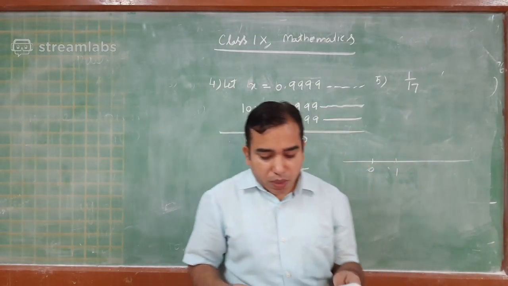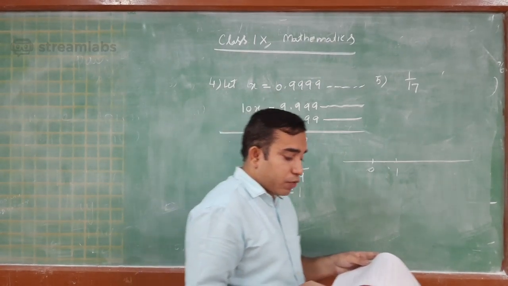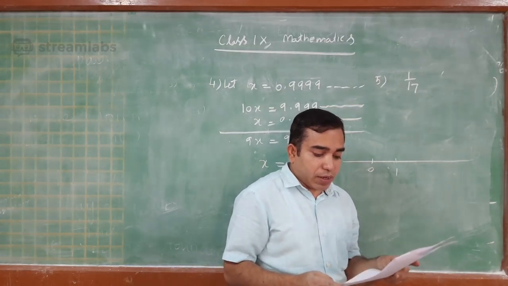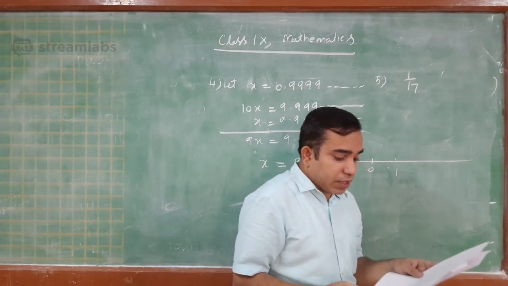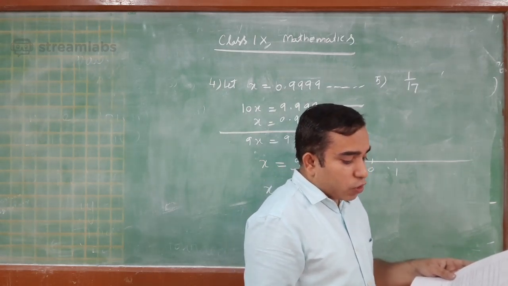Sixth question. Look at several examples of rational numbers in the form P upon Q, where P and Q are integers with no common factor other than 1 and have terminating decimal expansions. Can you guess what property Q must have?